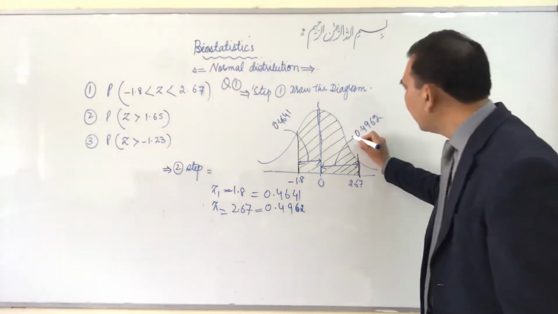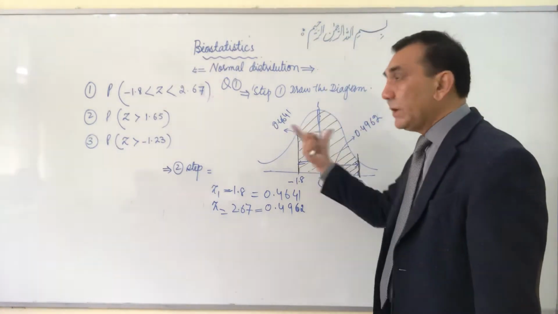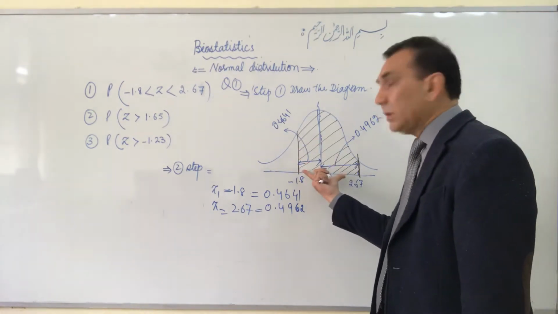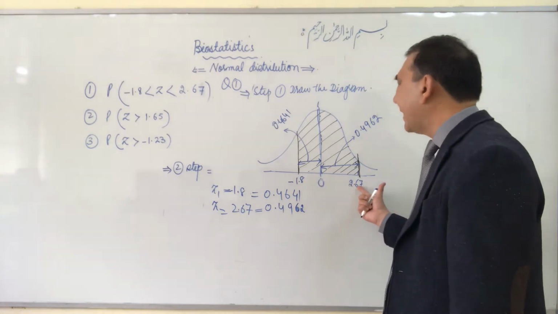So what we will do? The next question is asked: what is the proportion or the area between minus 1.8 to 2.67?